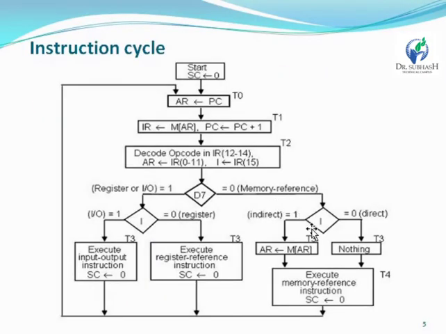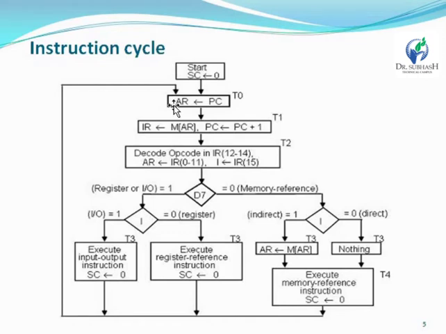In memory reference, we can show that I equal to 1 is indirect address and 0 is direct address. It means 0 indicates direct address and 1 indicates indirect address. If it is 1, then memory can store the address, and finally the address register goes to the execution of the memory reference, and the sequence counter is 0.